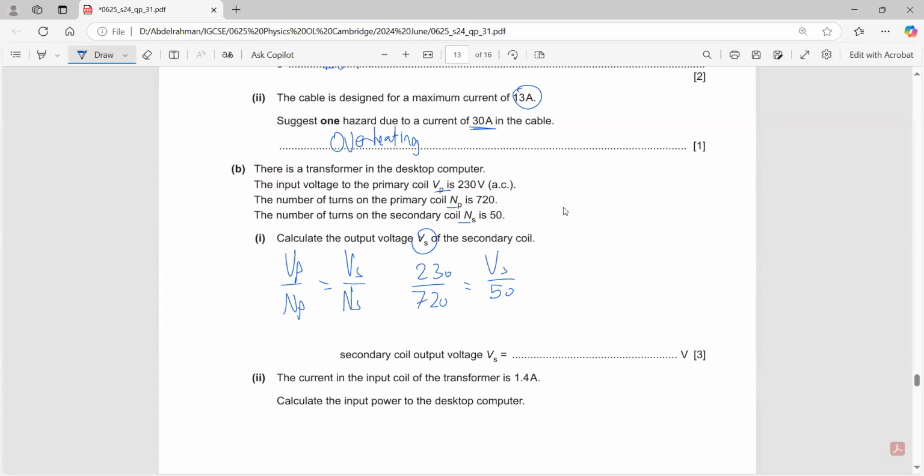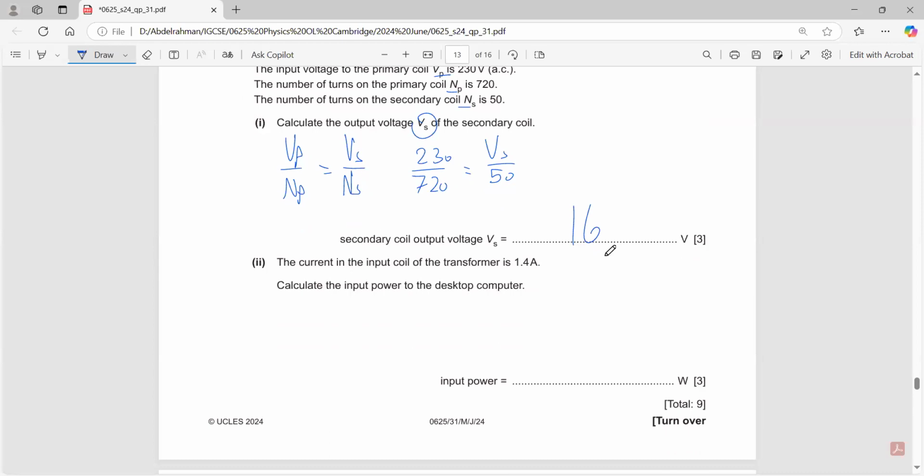Cross multiplication. 230 times 50 divided by 720 is, yes, 23 volts. No, it's not 23. Let me calculate it again. It's around 16 volts, actually. It is 16 volts. 230 times 50 divided by 720. It could never be 23.